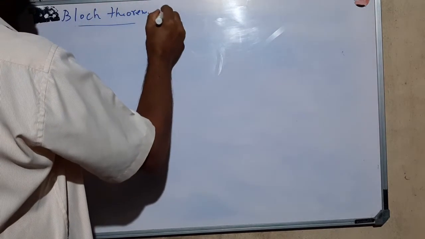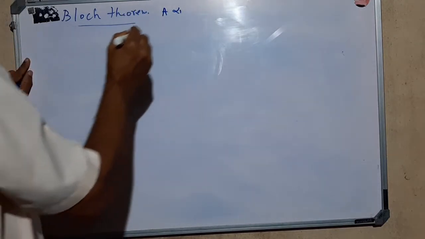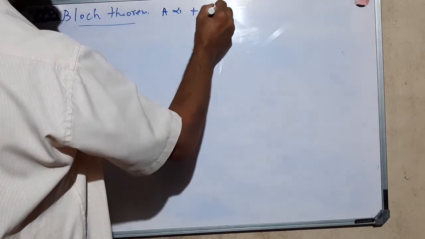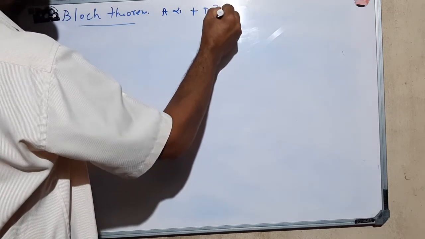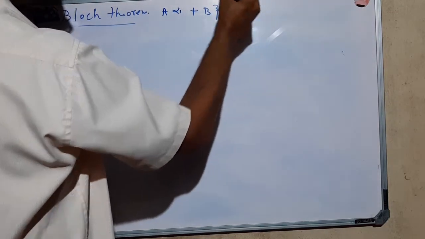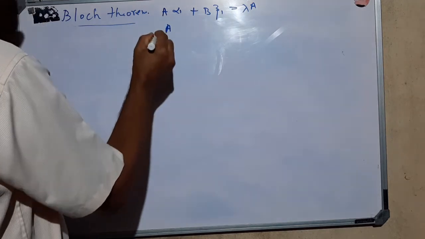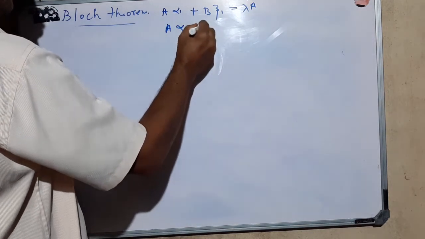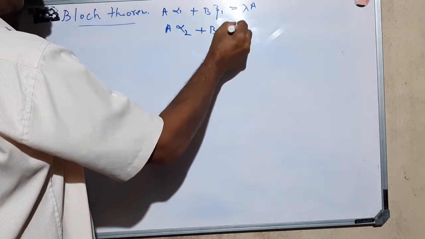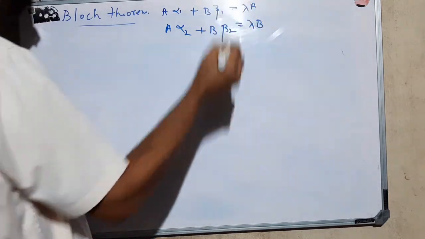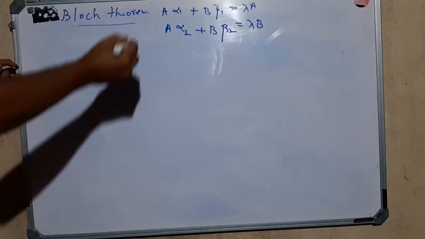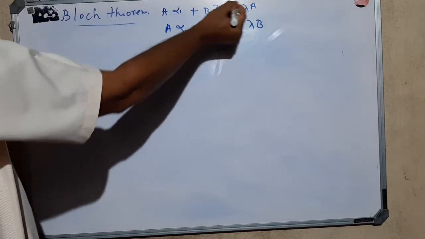Now, just before equation number 4, we had taken a into alpha 1 plus b into beta 1 is equal to lambda a. Similarly, a into alpha 2 plus b into beta 2 is equal to lambda b. Now you rearrange these equations, bringing lambda a and lambda b to the left hand side.